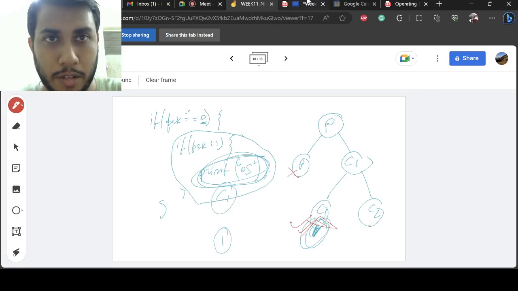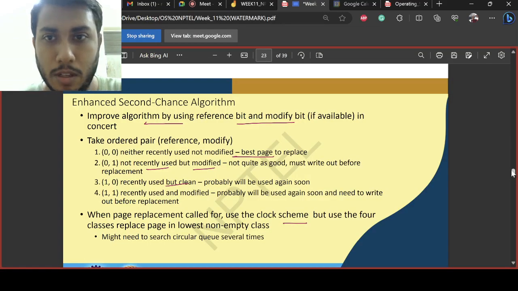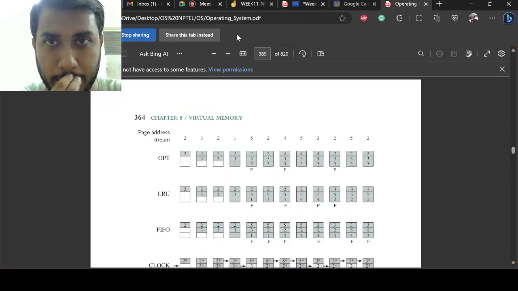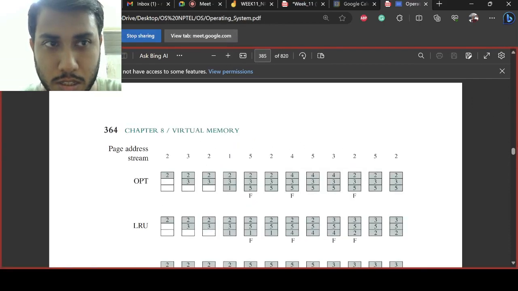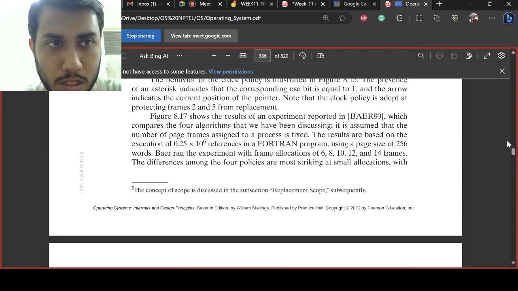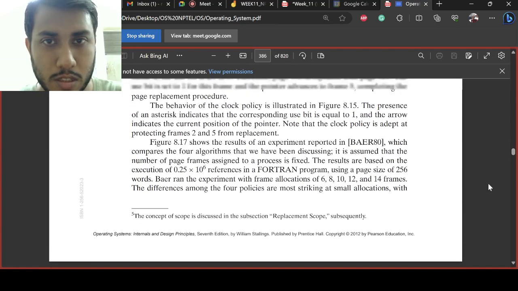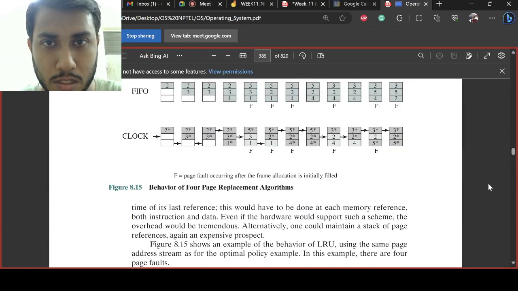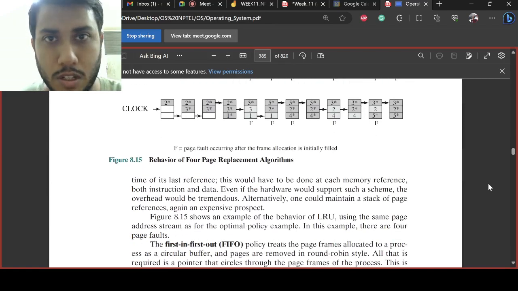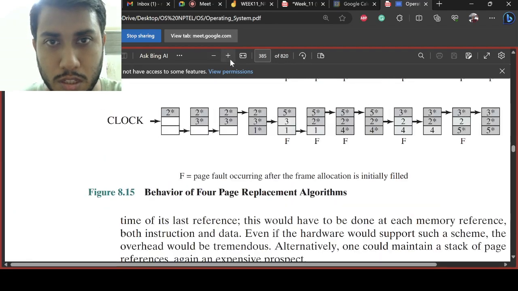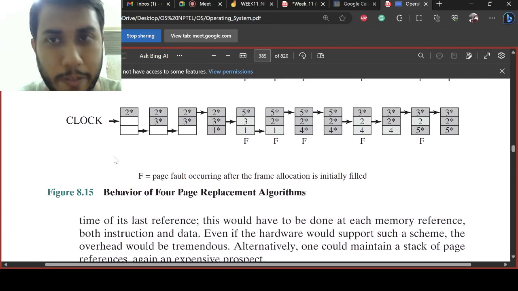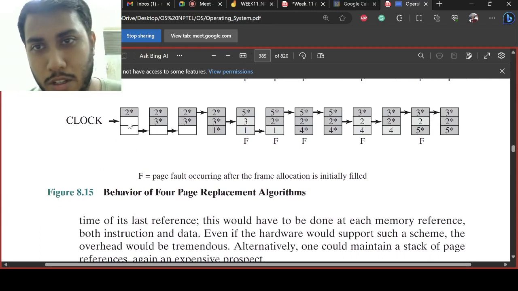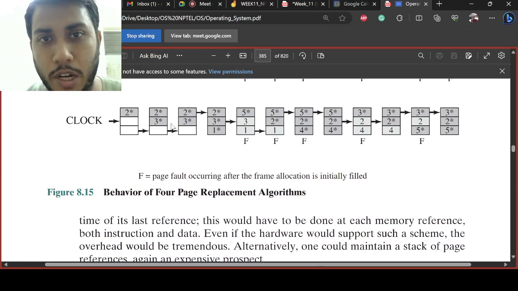Okay, so let's come back to this. What I was showing you is something like this. This is your example of the clock algorithm. First 2 comes, then 3 comes.